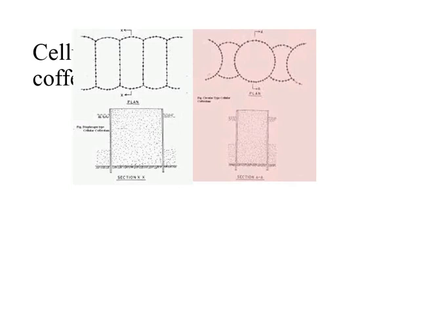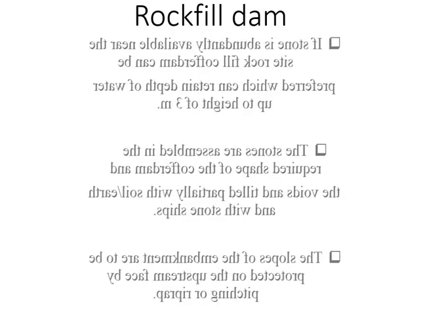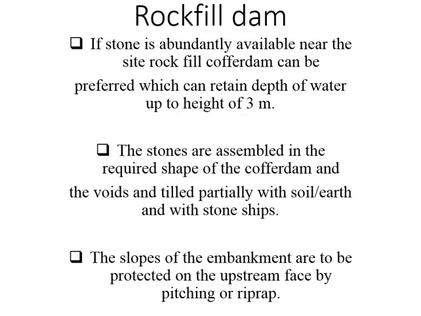See the image of a diaphragm or circular type cellular cofferdam. This one is a rock-fill dam. If stone is abundantly available near the site, a rock-fill cofferdam can be preferred up to a height of 3 feet.